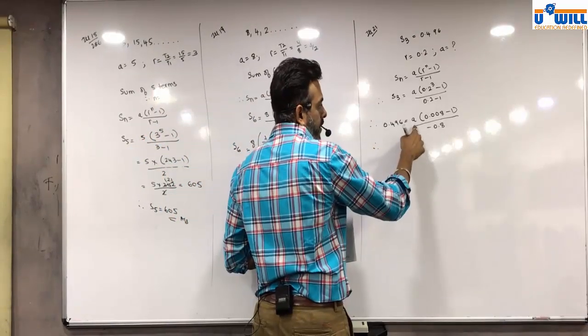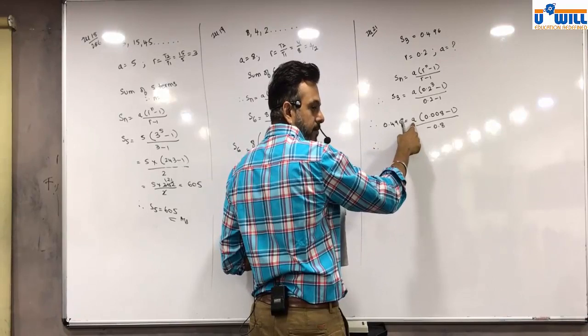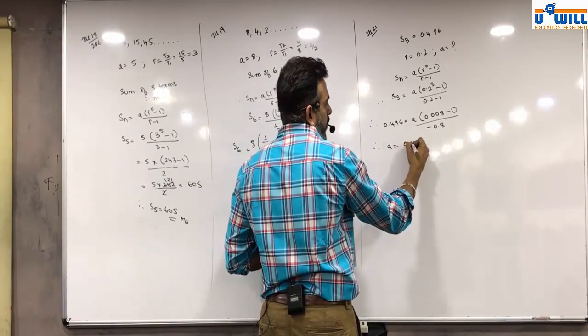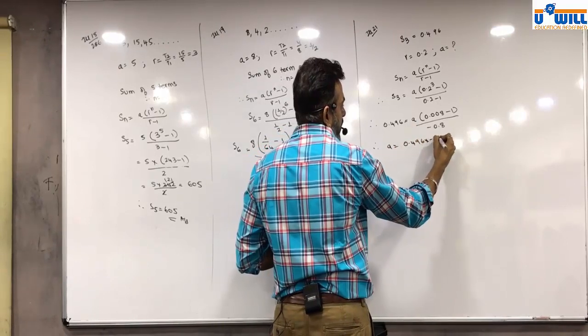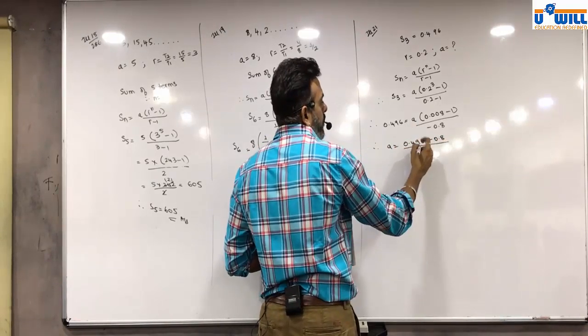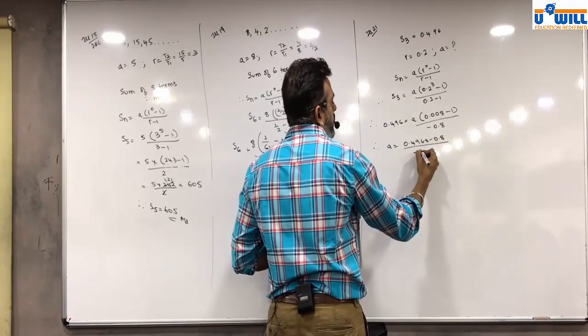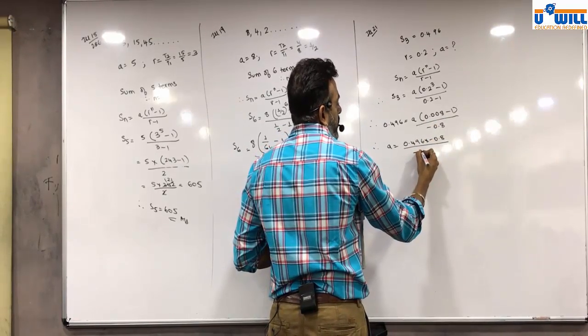Therefore, we cross multiply. A is equal to 0.496 into minus 0.8 upon minus 0.008 minus 1 is how much?